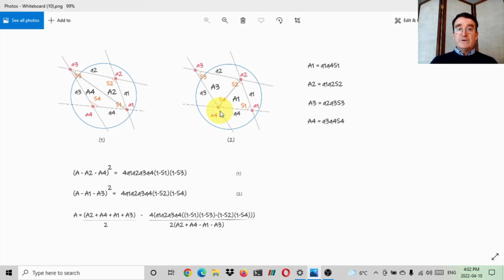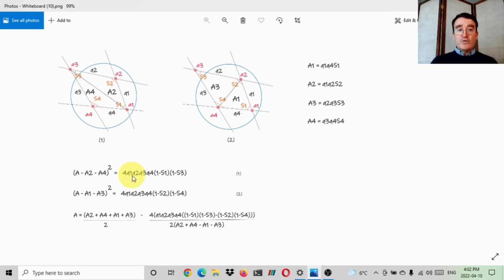So the quadratic equations become: A, the quadria of the quadrangle, minus A2 minus A4, that is, minus the quadria of this triangle minus the quadria of this triangle, all squared, is equal to 4 times Q1 Q2 Q3 Q4 times (1 minus S1) times (1 minus S3). The S1 is here and the S3 is here.